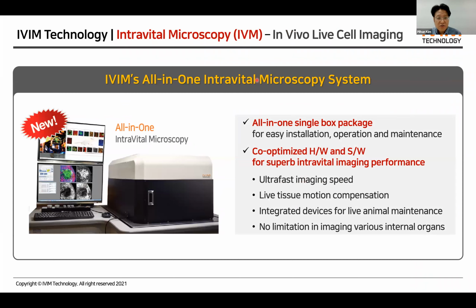So we are providing an all-in-one intravital microscopy system. It's optimized for intravital imaging of live animal models. And we provide two imaging modes, confocal and two-photon imaging mode. It has the advantage of ultra-fast imaging speed and tissue motion compensation, which I'll explain a little bit more later.